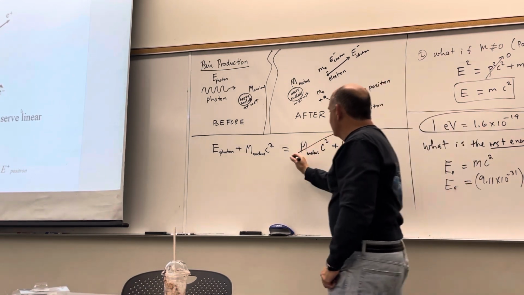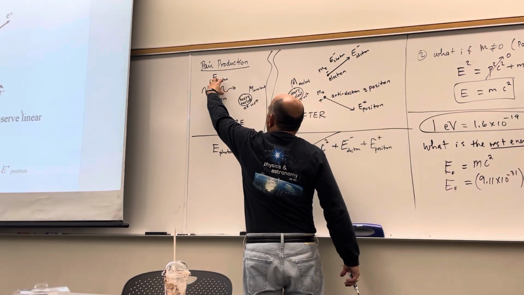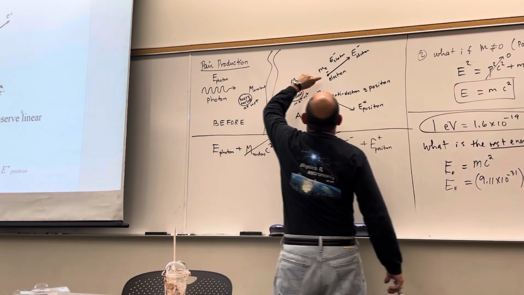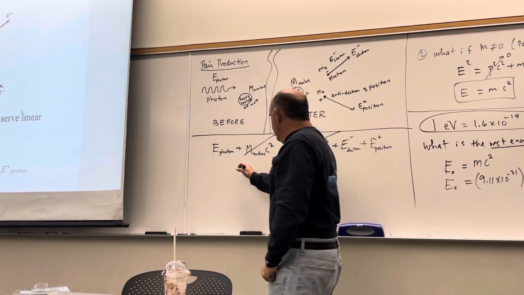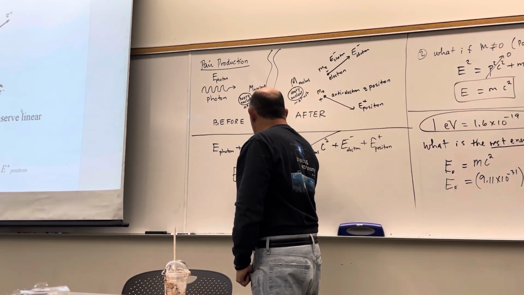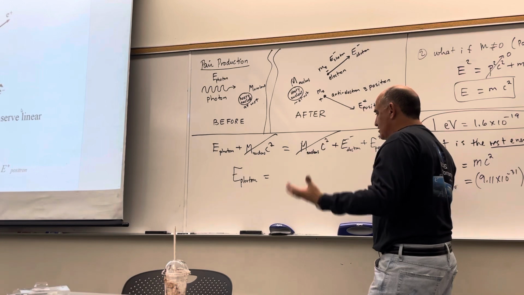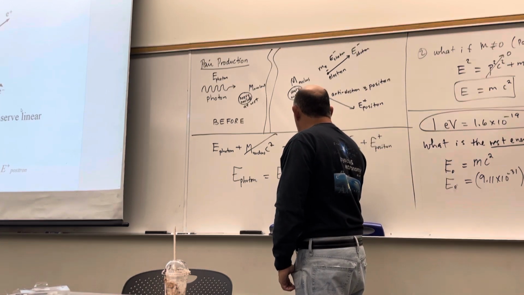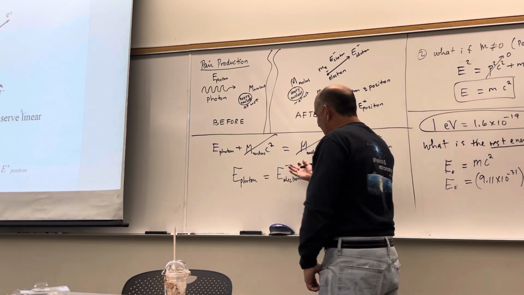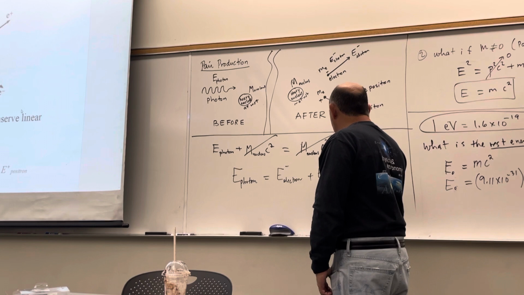Notice that this cancels this. Essentially, the energy of the photon gets completely converted to material particles. So the energy of the photon gets transformed into the energy of the electron plus the energy of the positron.